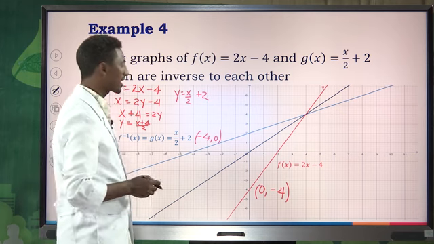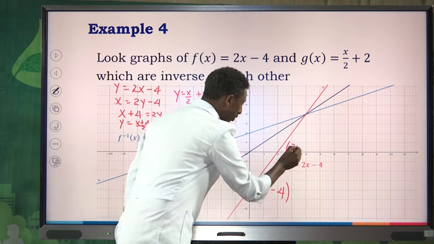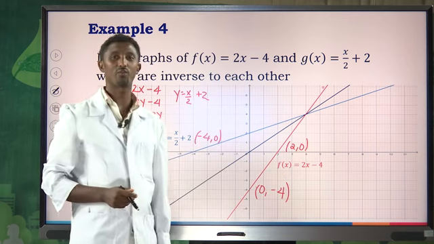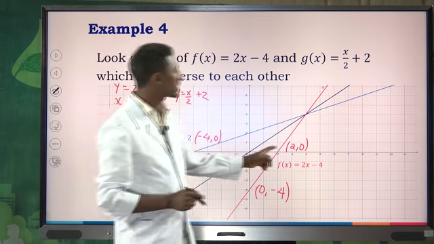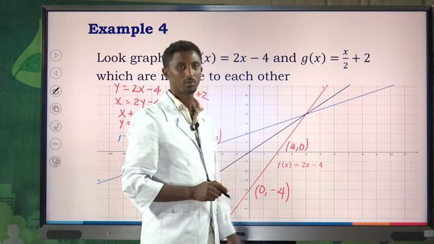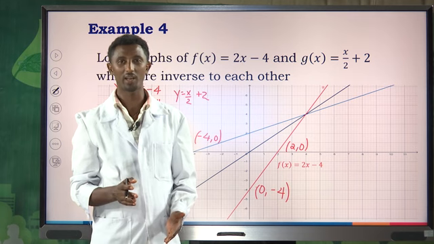And we can take another point. Let's take this point which is 2, 0. That's a point on the graph of f of x. And what is the inverse of the ordered pair 2, 0? The inverse is obtained by interchanging x and y.